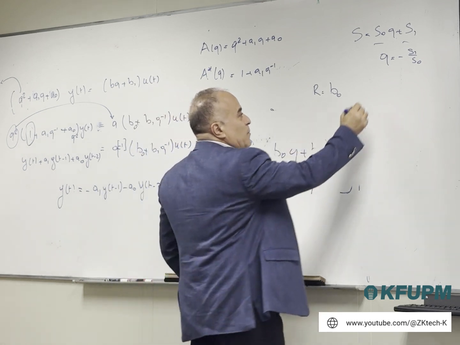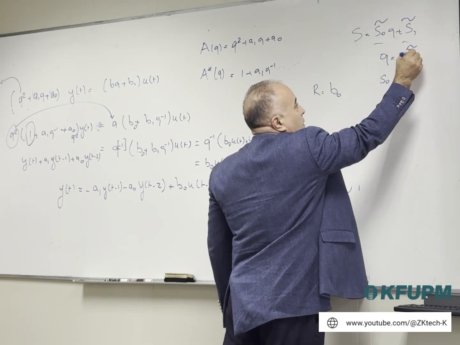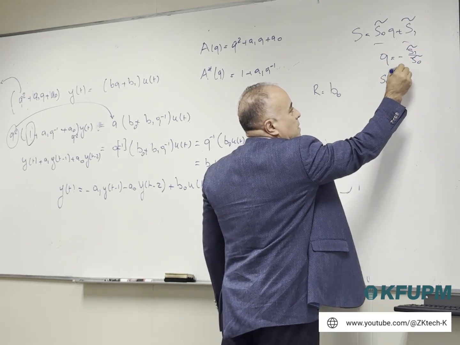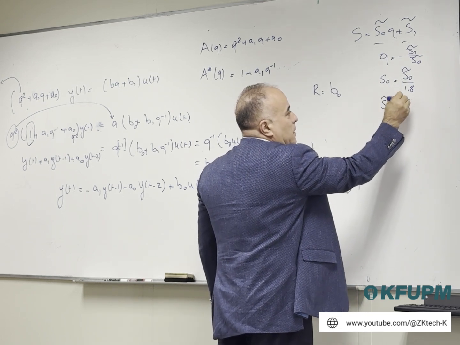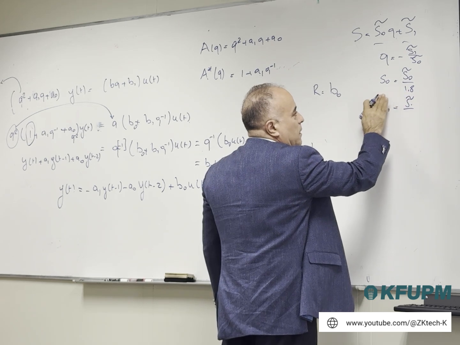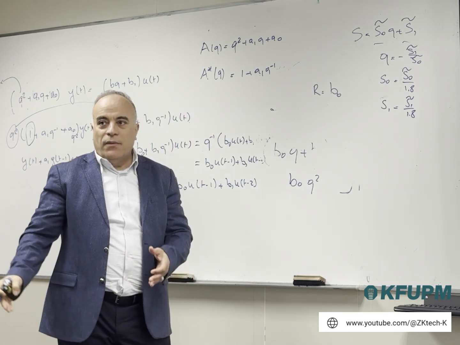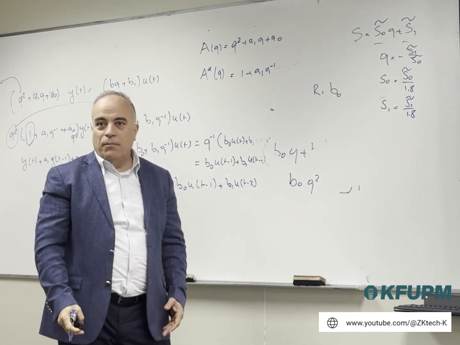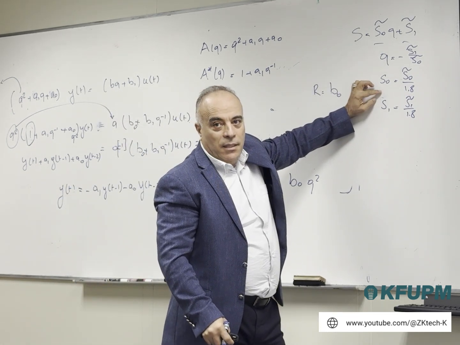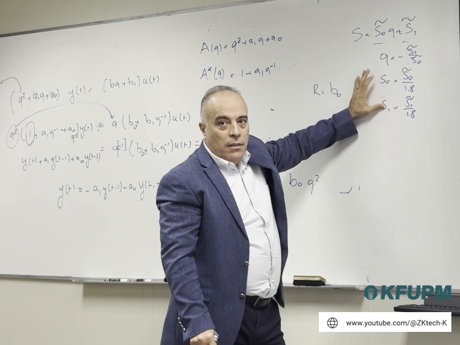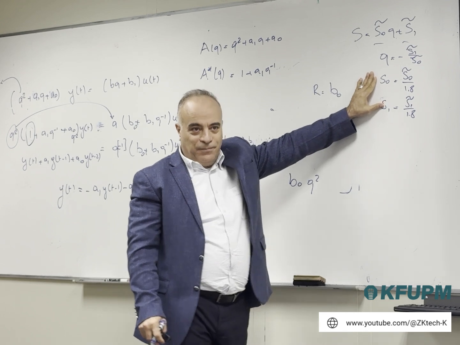So I'm going to say this is S0 tilde, let's say. Then S0 is equal to S0 tilde divided by 1.8, and S1 is equal to S1 tilde divided by 1.8. So the values of S0 and S1 will absorb the value of B0. If we try to compute the zero back again, you will find it exactly the same. So in terms of the zero introduced by S, it will not change. Now it makes sense? Yes.